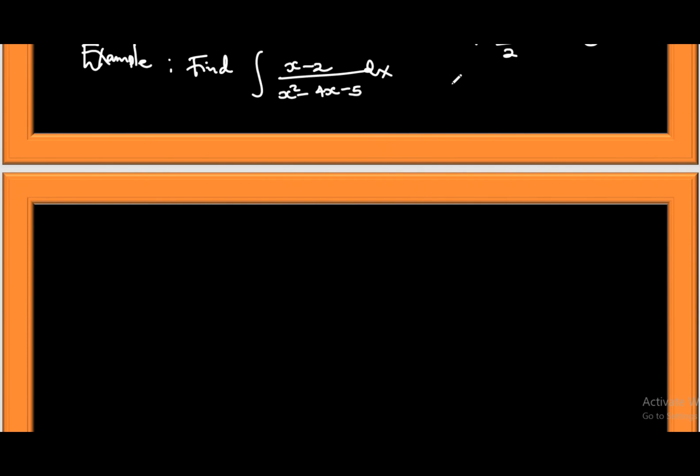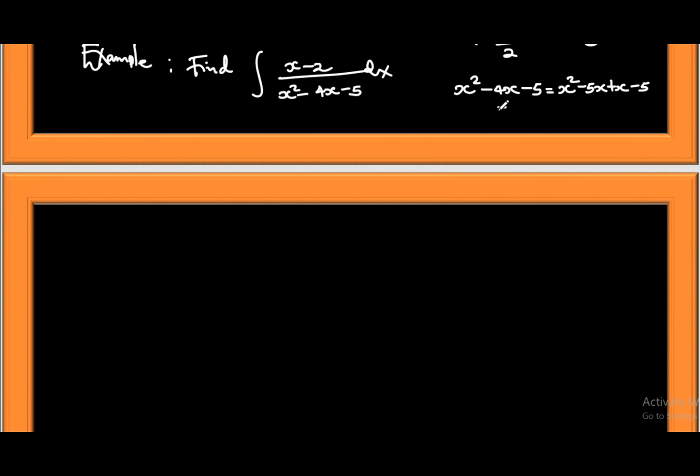We clearly know from the knowledge of factorization, we can easily see that x squared minus 4x minus 5 is actually as good as x squared minus 5x plus x minus 5.